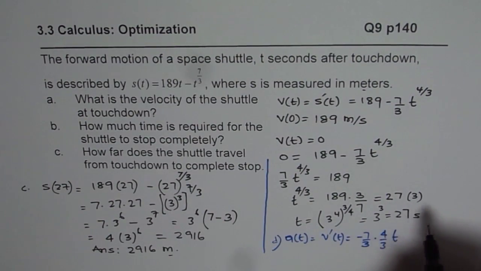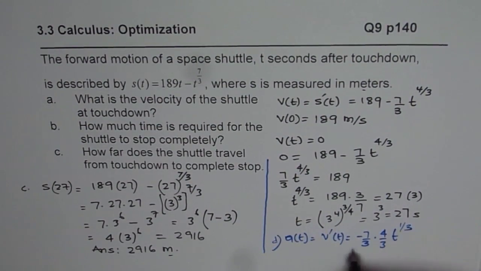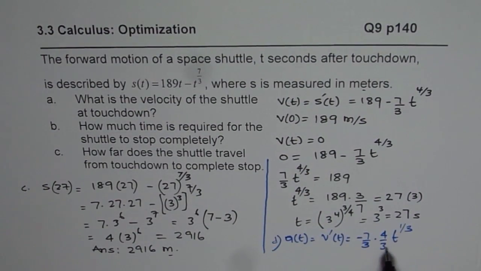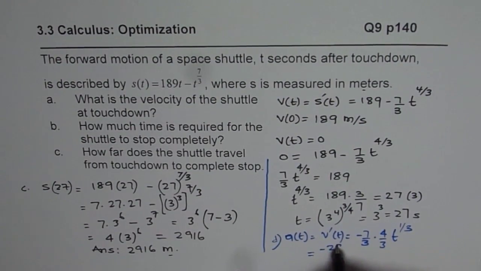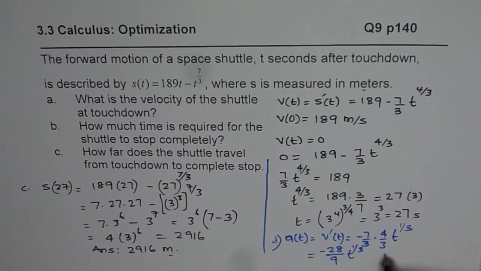So 4 minus 1 is 1, so 1 over 3, right? So you can simplify this expression. We're just multiplying these numbers, right? 7 times 4 is 28, so it is minus 28 over 9 t to the power of 1 over 3. So that is in meters per second squared.